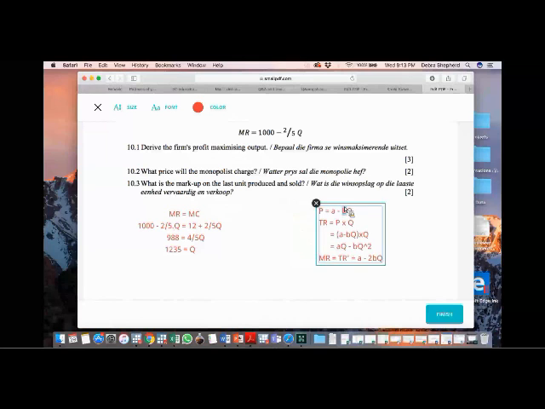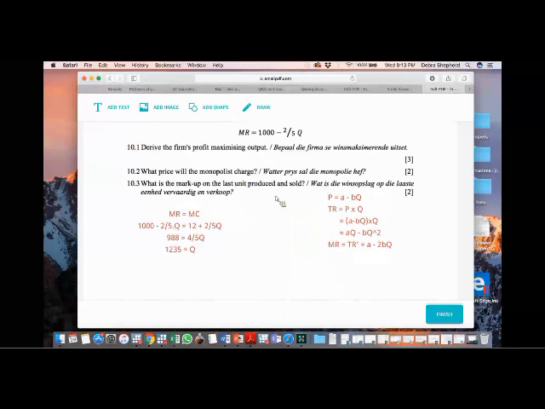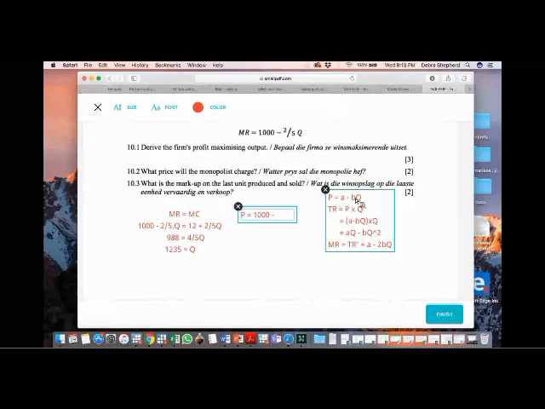So if I give you a marginal revenue function, I'm actually giving you the demand curve at the same time. In this case, price will be 1,000, the same intercept as marginal revenue, minus, and this is where you have to be careful, because marginal revenue has twice the slope as demand, demand has half the slope of marginal revenue.